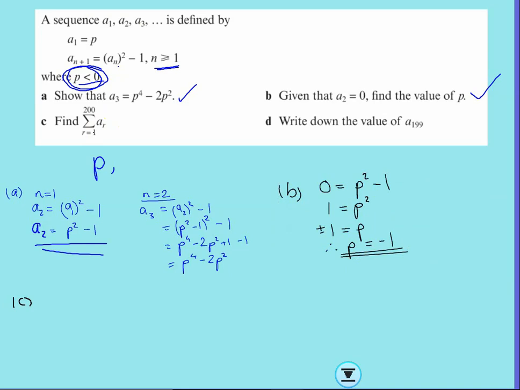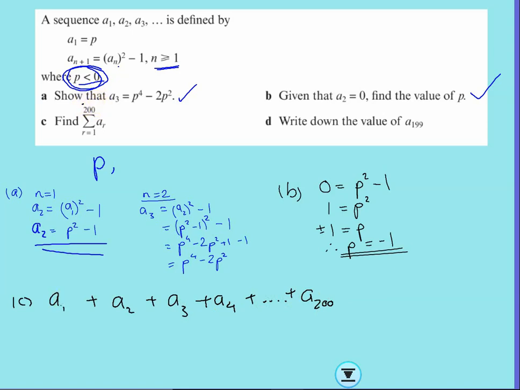So what this means is A1 plus A2 plus A3 plus A4 plus all the way to 200. So it's not too bad. Just have to find out whether it's a geometric or arithmetic sequence and then use the formulas. But you'll see in a minute there's a little trick to this question, and you can always identify it's going to be a trick when this number is massive, normally anyway.